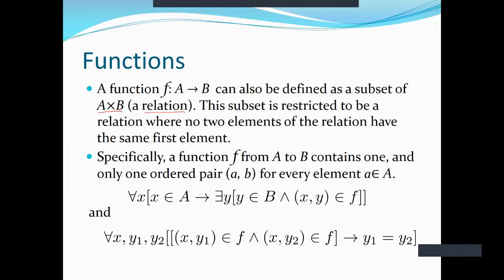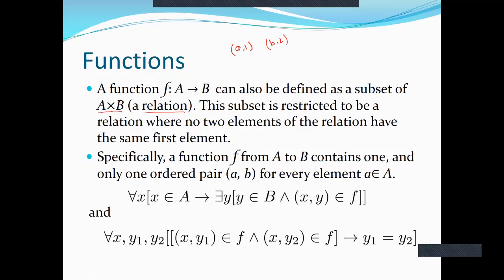What does it mean? For example, if we have set A and set B, and we got a relation like (a, 1), what does that mean? This a is a member of set A and 1 is a member of set B. That means a is mapped to 1, right? And then there is another ordered pair (b, 2). What does this mean? This b is a member of A and 2 is a member of set B, and b is mapped to 2.